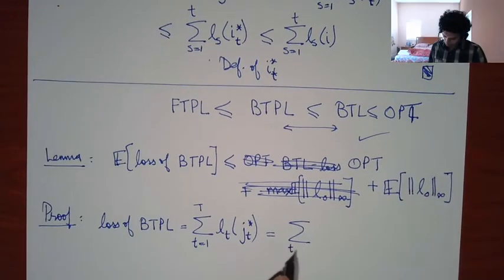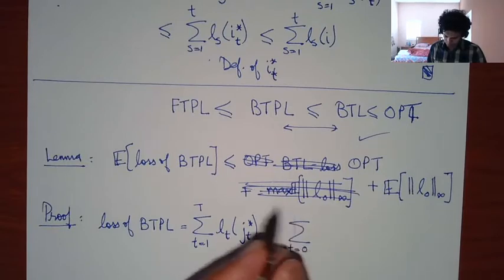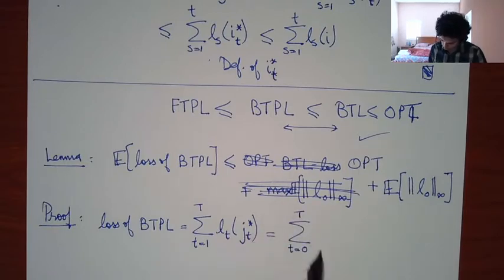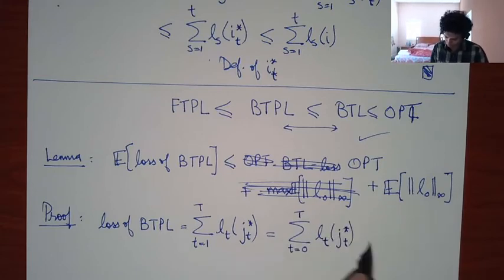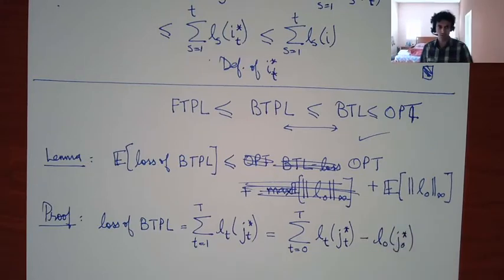Now let's look at this as the sum over t equal to 0 to T of L_t of J_t star minus L0 of J0 star.